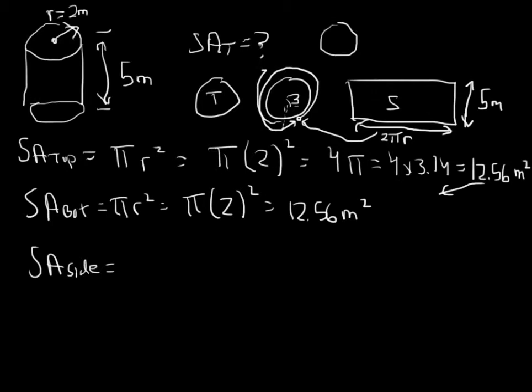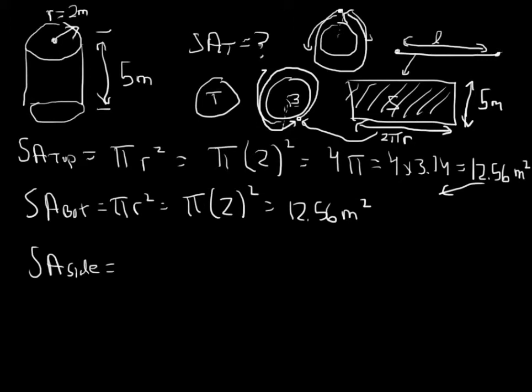You get a line of length L, which is the circumference. So the surface area of the side, which is this rectangle, is length times width.